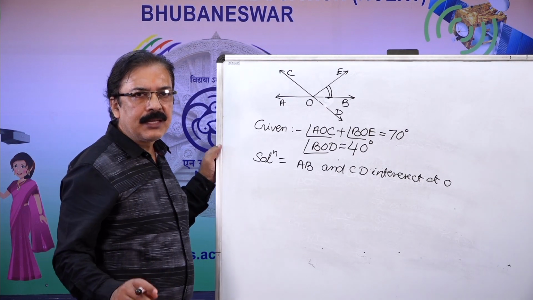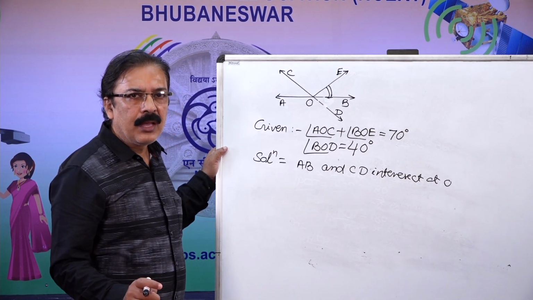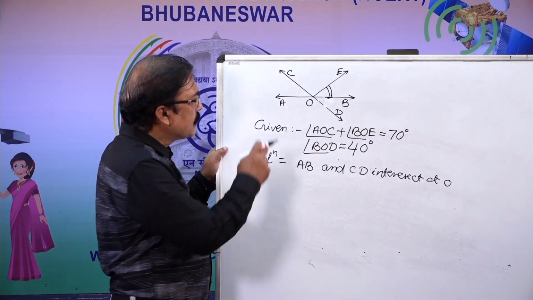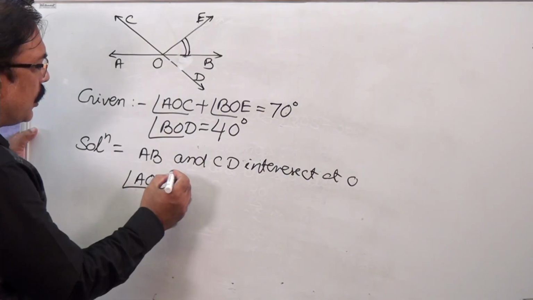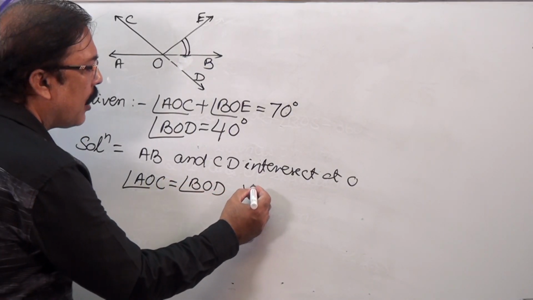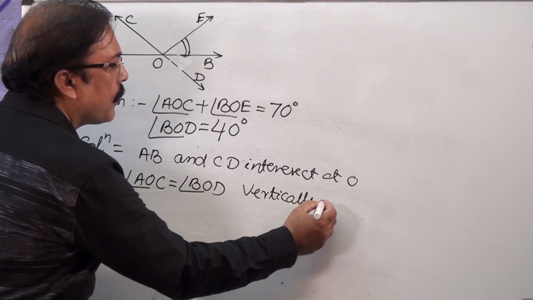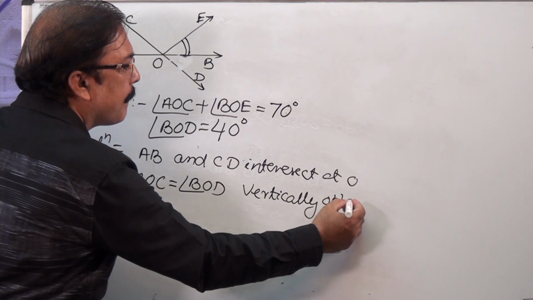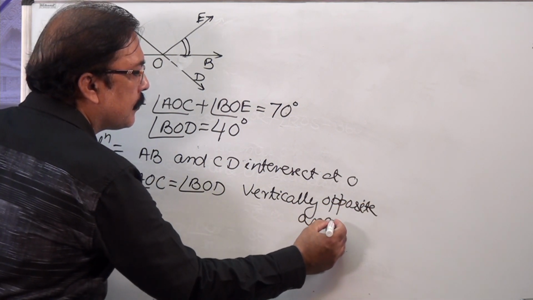As two lines intersect each other, we have vertically opposite angles to be equal. So in this case, angle AOC is equal to angle BOD because they are vertically opposite angles.